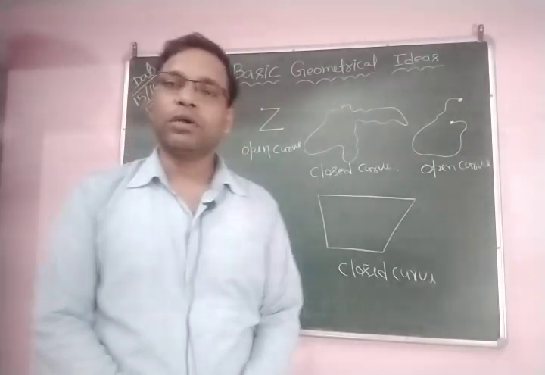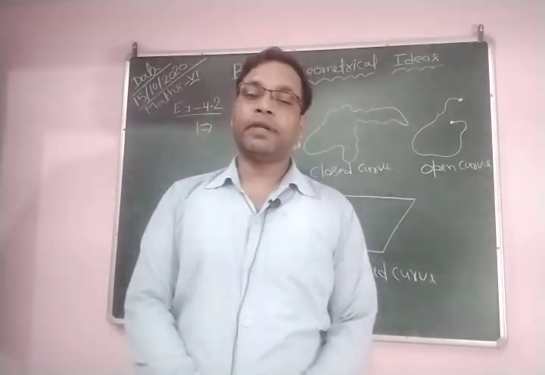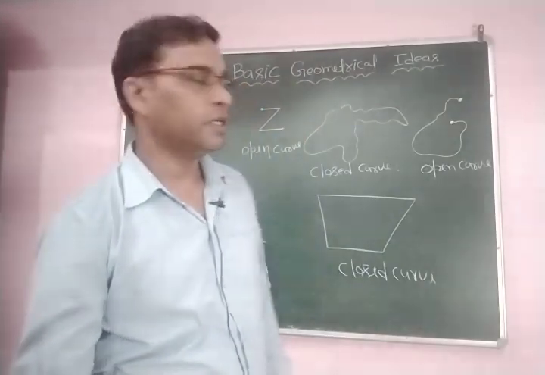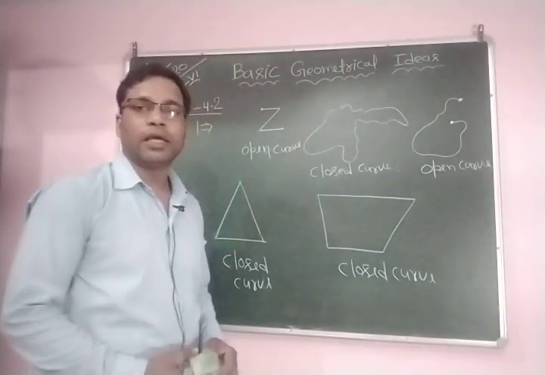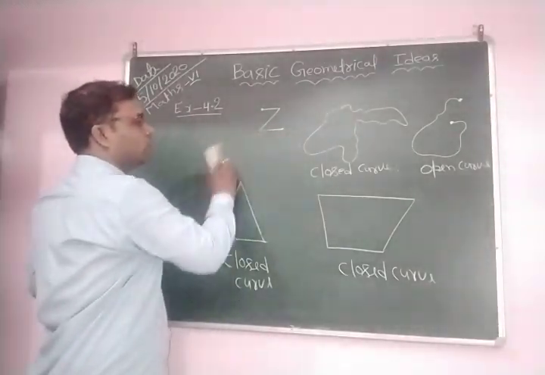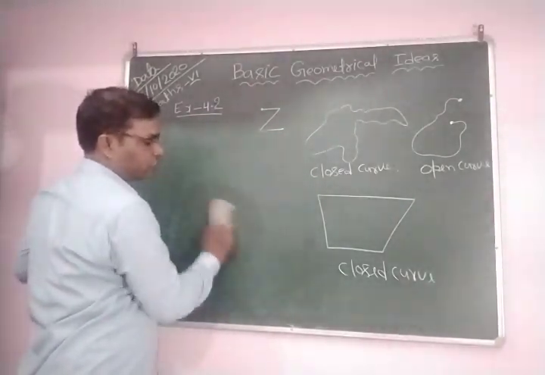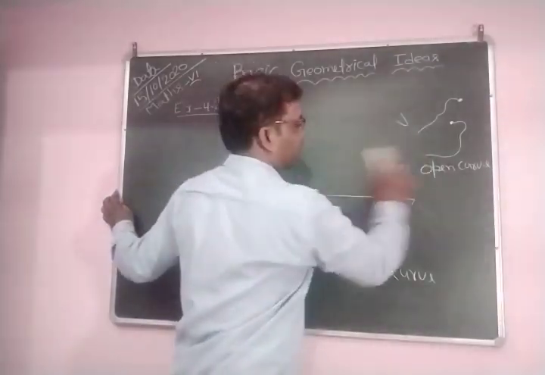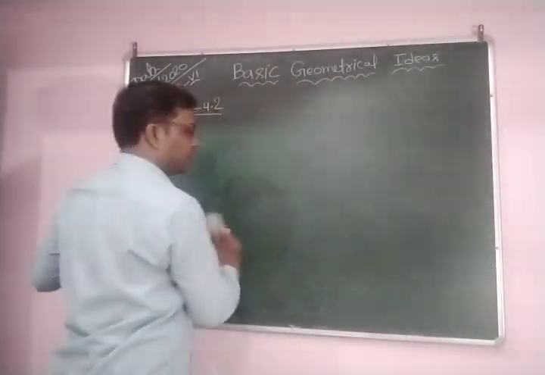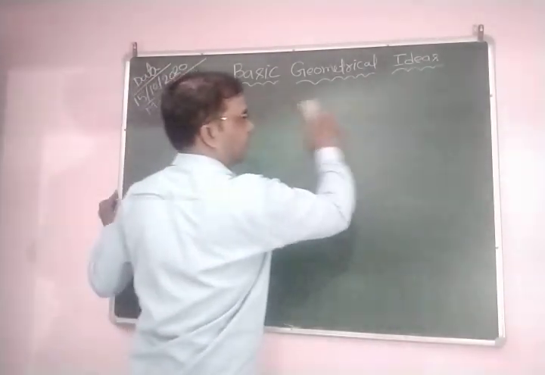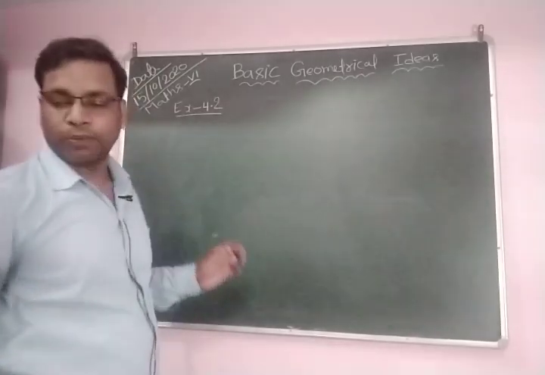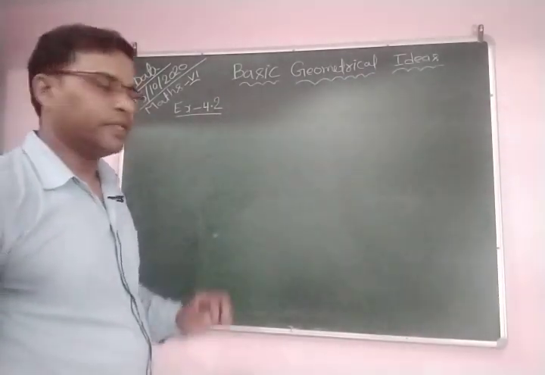Question number 2: draw rough diagrams of the following: an open curve and a closed curve. So let's see how we draw a closed curve and an open curve. I hope all of you understood what a closed curve and an open curve are. In an open curve, the starting point or initial point and end point are at two different places.